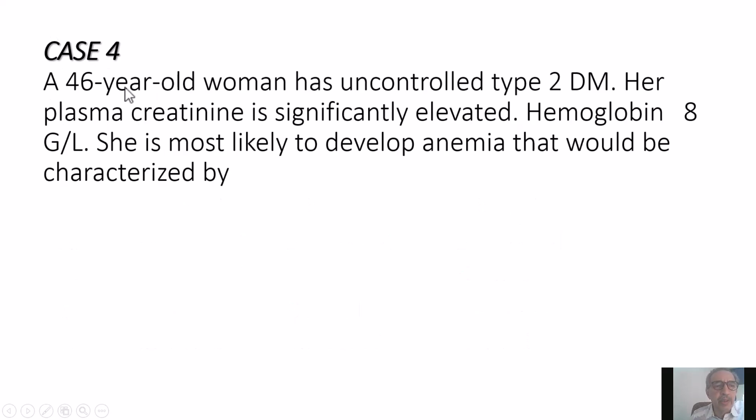Case 4. A 46-year-old woman has uncontrolled type 2 diabetes mellitus. DM is diabetes mellitus. Her plasma creatinine is significantly elevated, hemoglobin 8 grams per deciliter. So she is in the early stage of, or in the renal failure stage, most likely to develop anemia that would be characterized by erythropoietin deficiency, of course.